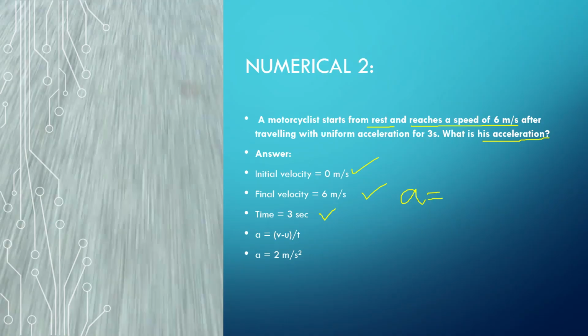What is the final velocity? It is 6 minus, what is the initial velocity? 0, divided by, what is the time given? 3. And when you calculate, you will get a as 2. Please don't forget to write the unit, students. It's extremely important when we are writing the final answer.